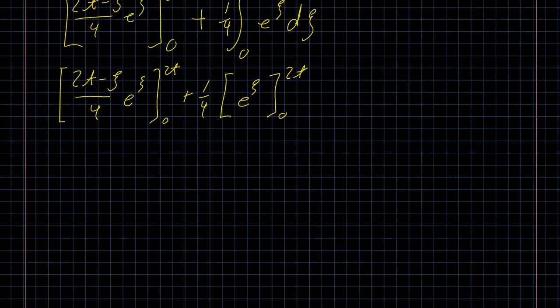And then I can evaluate. When I plug in xi equals 2t, well, I get 0. Right? 2t minus 2t is 0. Multiply that by 1/4 e to the 2t, I still get 0. When I plug in 0, I get 2t over 4 e to the 0, which will reduce to 1/2 t, but I'll leave it like that for the moment.